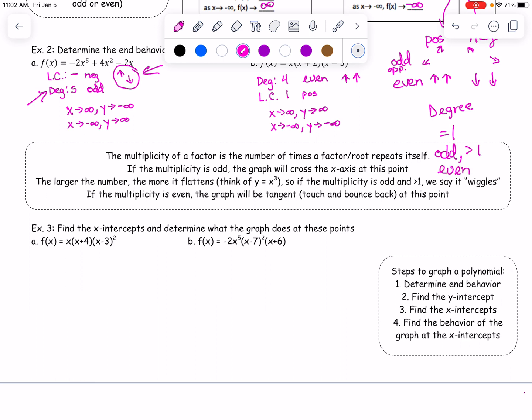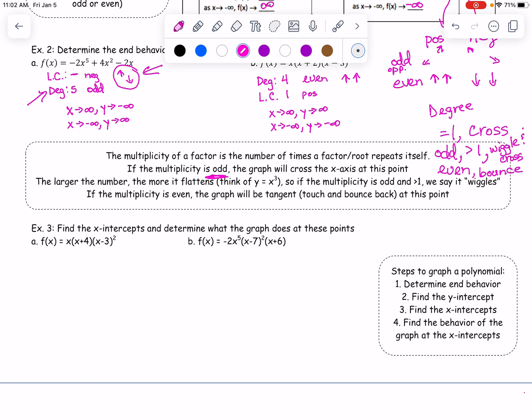If it is odd and equal to 1, the graph will cross the x-axis at that point. If it's odd and greater than 1, it is going to wiggle and cross. And if it's even, it's going to bounce.